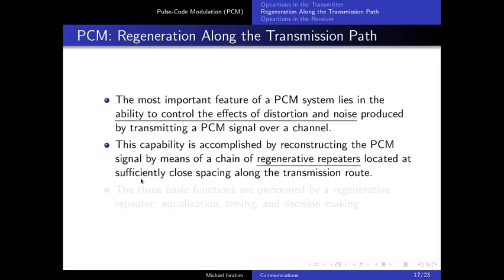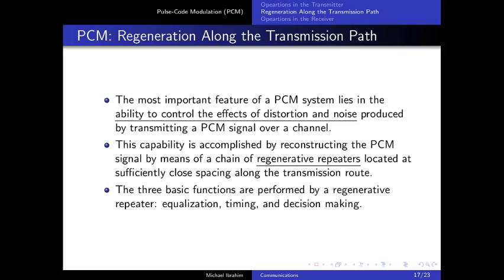If you increase the distance between regenerative repeaters, the signal will fade out and the noise might have a significant effect on the signal, and you might not be able to get a clean copy of the signal, or you will be getting a copy with many errors. So you want to keep the distance between regenerative repeaters close enough in order to get a clean copy of the message.